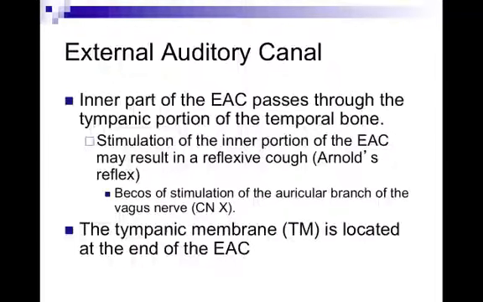It's the reason why, when we use a Q-tip and try to stimulate the ear canal, it might result in a sneezing or coughing reflex, known as Arnold's reflex. The tympanic membrane is located at the very end of the external auditory canal.